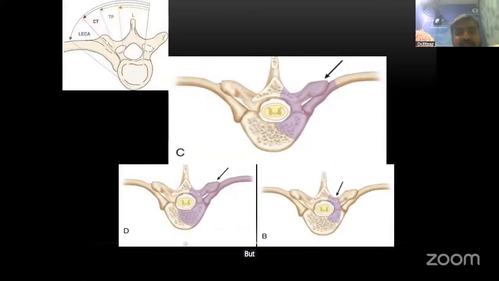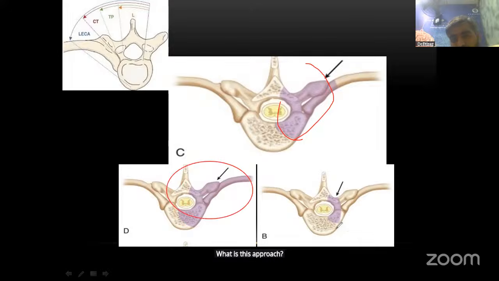But look at this picture. This is costotransversectomy. But what about this one? What is this approach, and what is this approach?